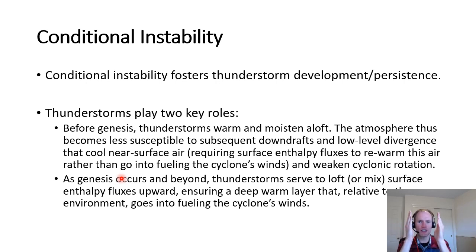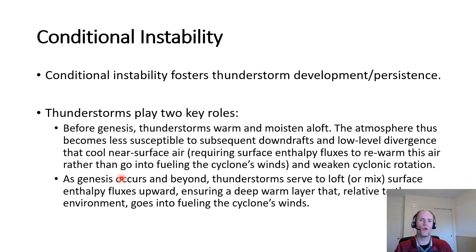Because that's related to temperature and moisture, that means you've got a very warm vertical column near the center compared to elsewhere. So you're going to have a lot higher thickness near the center than you will away from there, which means that strong low pressure near the surface will give way to much higher pressure away from there. And that gives you very strong winds in the low levels around the center of the storm.